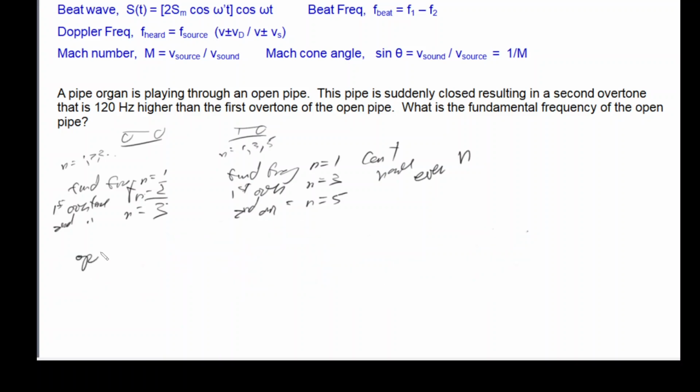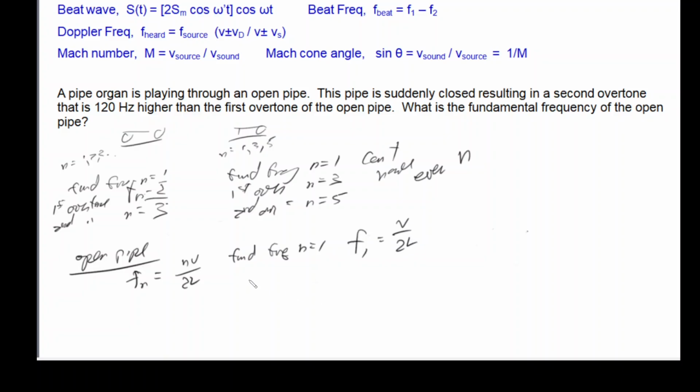So for the open pipe, we know that the frequencies f sub n are given by nv over 2L. So the fundamental frequency, n equals 1, gives the fundamental frequency to be v over 2L.